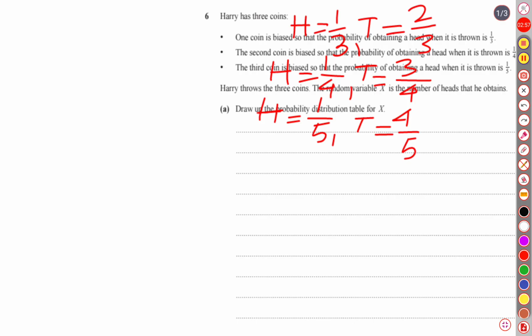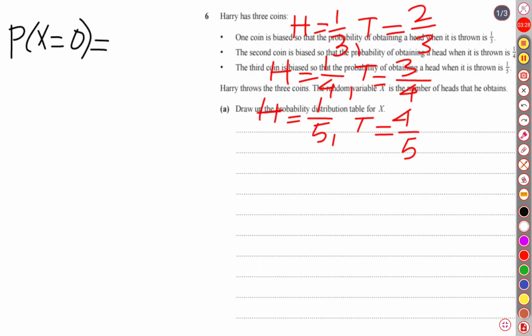Now as all three coins have been thrown together, let us see the possible cases. After throwing all three together, there may be the possibility of having no heads. If we obtain no head, that means all three are tails, isn't it?